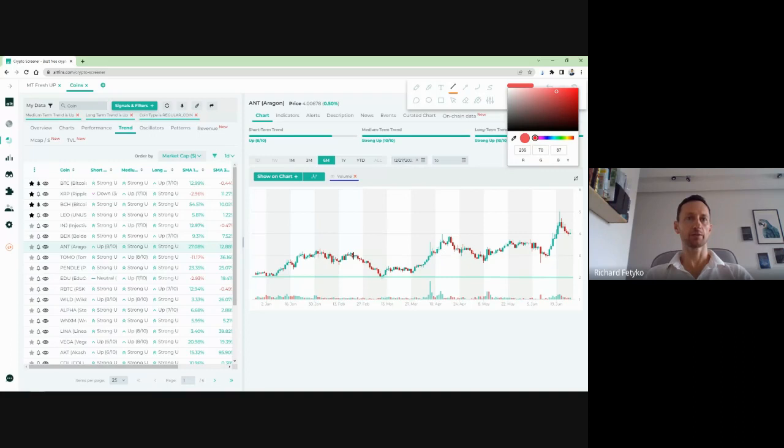Now let's look at the resistance, right? This level here, where the price peaked at the time, was around $3. It found a lot of selling pressure, and eventually it gave up those gains and swung back down. So this level clearly is where sellers come out.